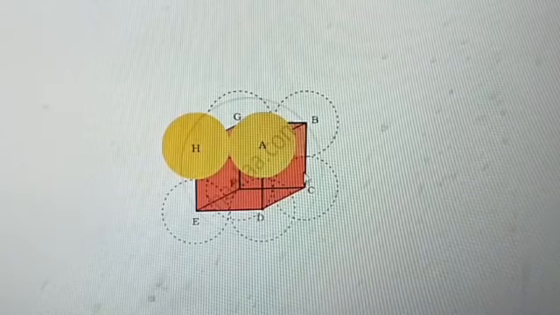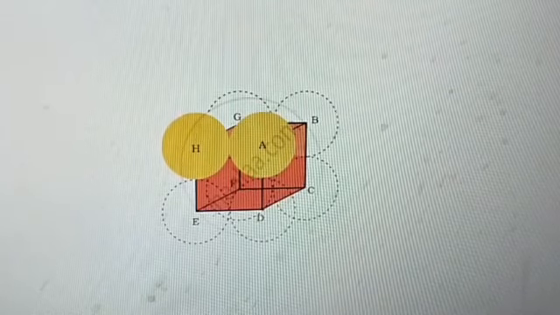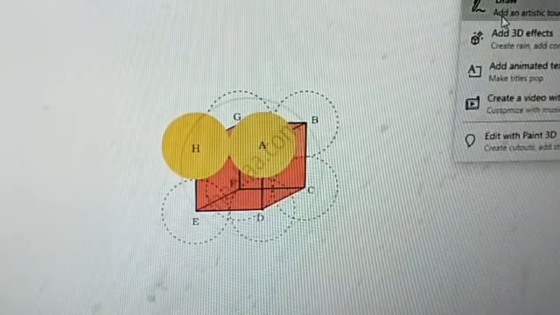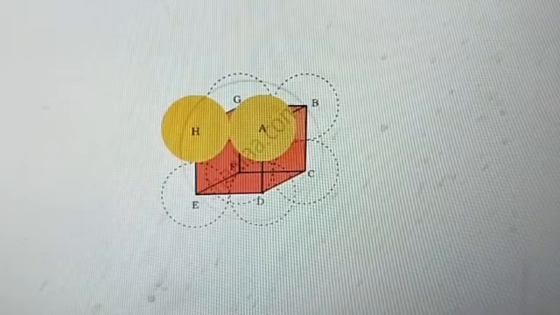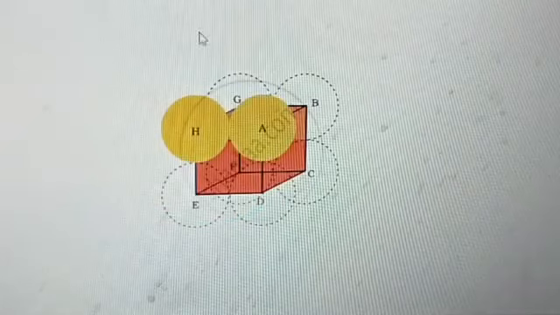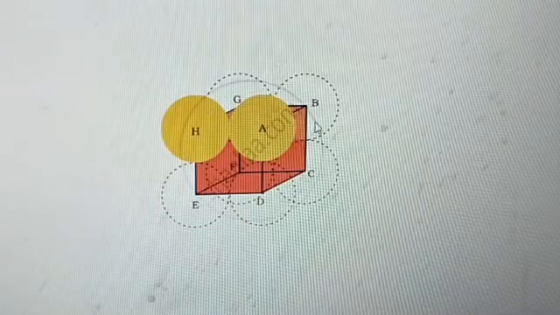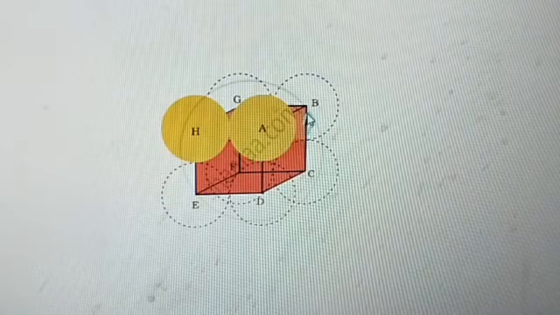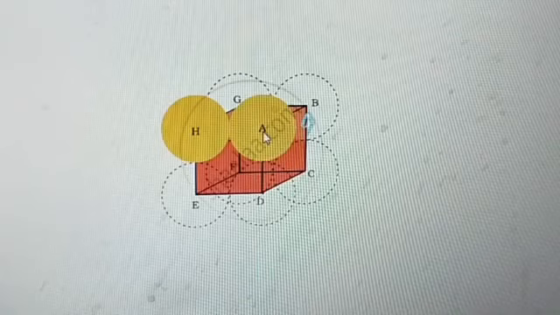A is equal to 2R. How are those two related? Those two are related as A is equal to 2R. So this is nothing but A, the side of the cube. For example, take this sphere.